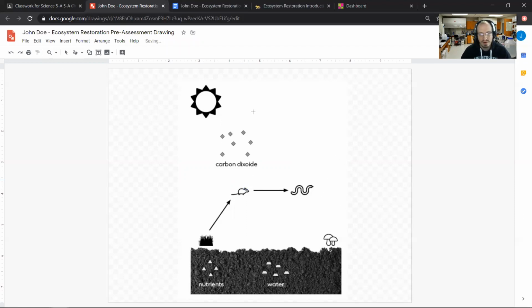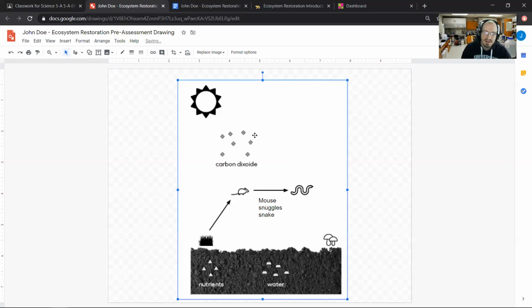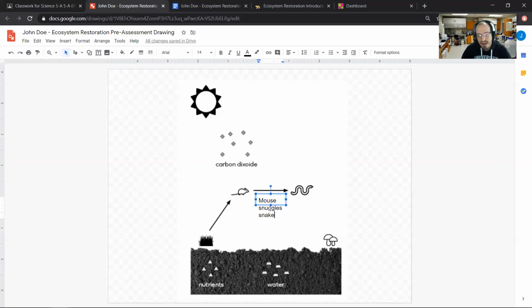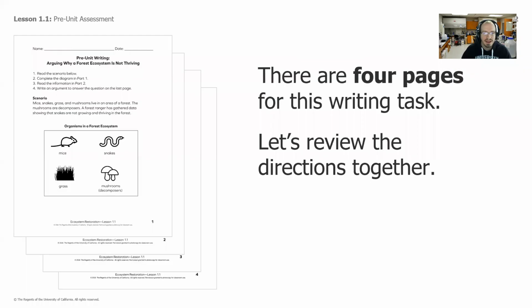I don't know why you would, but just as an example. You can also use the text box to write in any words. So you can write in here, the mouse snuggles the snake, if you think that's what's going on with this arrow. And basically, you're just going to fill in this diagram with whatever you think the organisms are going to need in order to survive and how they're going to get it.